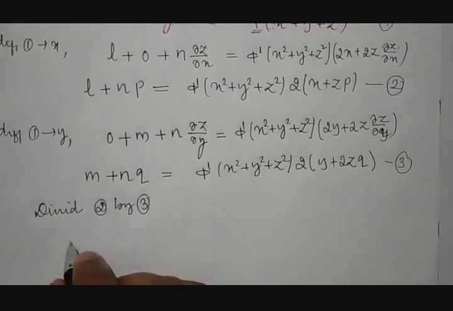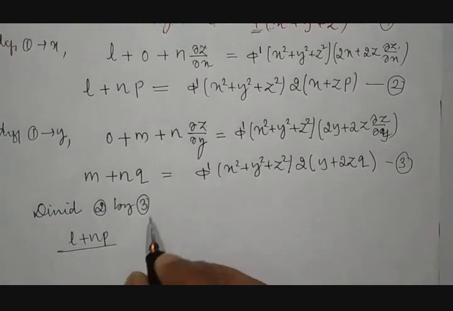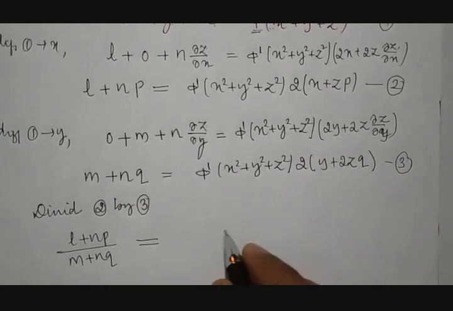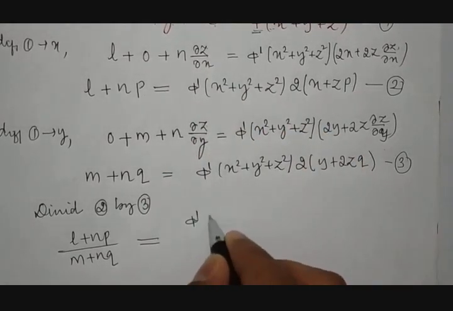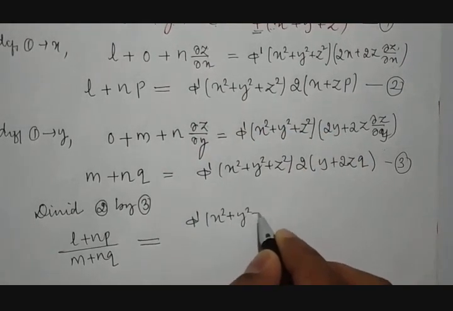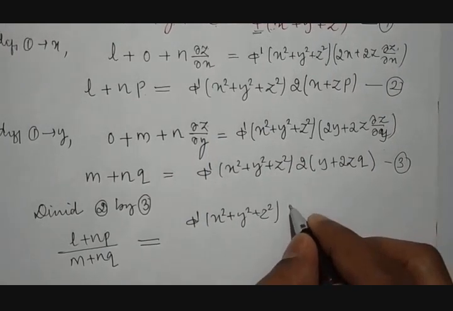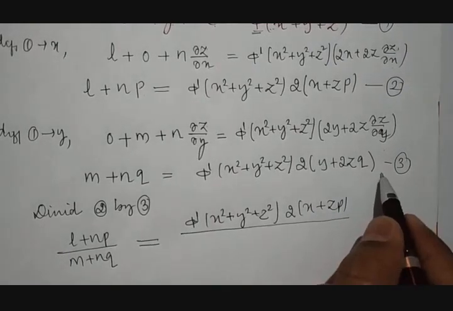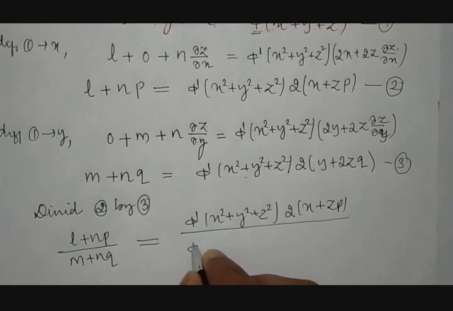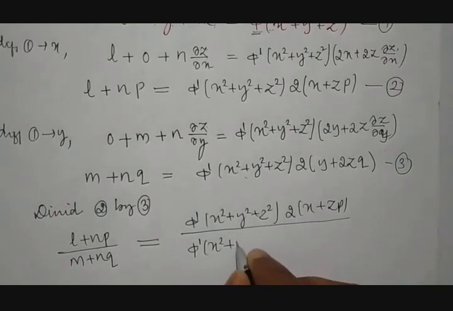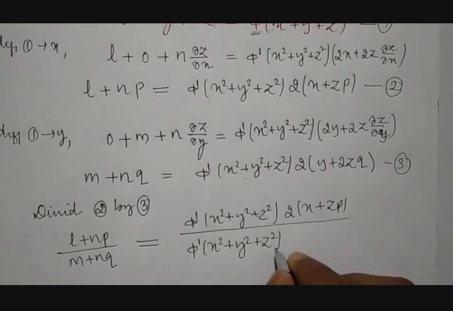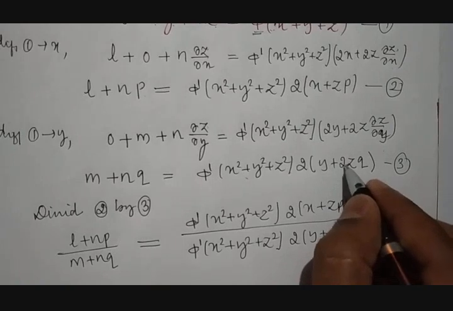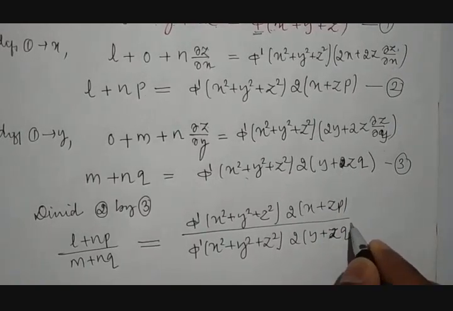L plus np divided by, LHS by LHS, that is m plus nq, which is equal to phi dash of x square plus y square plus z square into 2 times x plus zp divided by, from RHS from equation number 3 will be phi dash of x square plus y square plus z square into 2 times y plus, 2 is already taken, so only z into q.